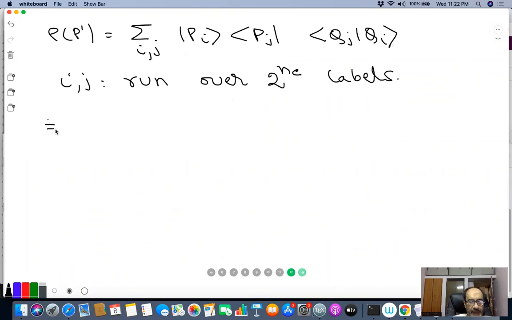So this means that the rank of rho is proportional to, less than or equal to, 2 to the NC.